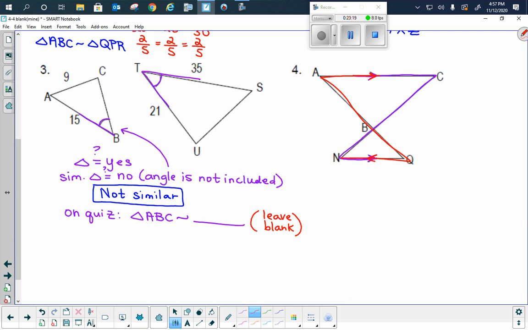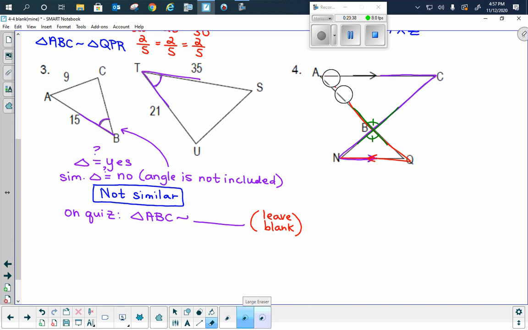And then of course, these two in the X that are meeting each other, which would require 3 letters, angle ABC and angle NBQ are equal because they're vertical angles.